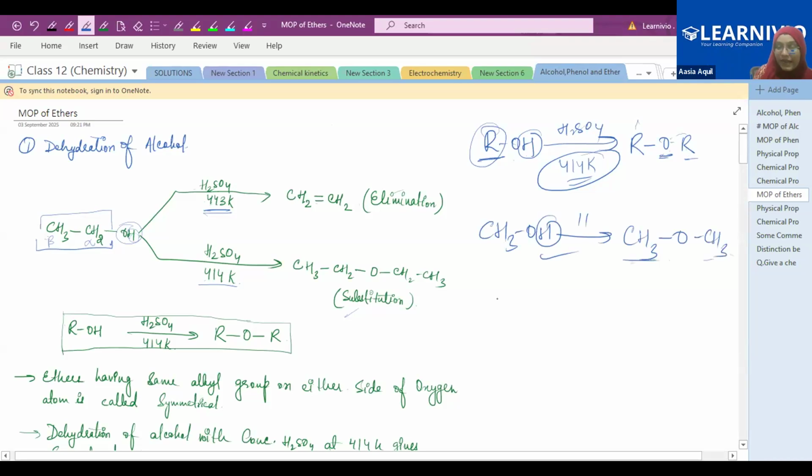Again, if you are adding C2H5OH, here again this hydrogen will be replaced by C2H5, and on the right side of the ether linkage you will again write C2H5. That means you will get the symmetrical type of ether. You will get the symmetrical type of ether in the dehydration of alcohol. Is it clear to everyone?